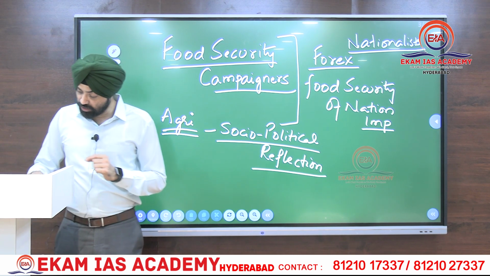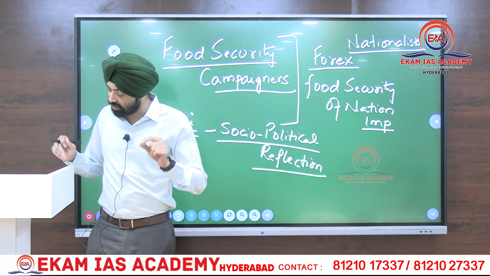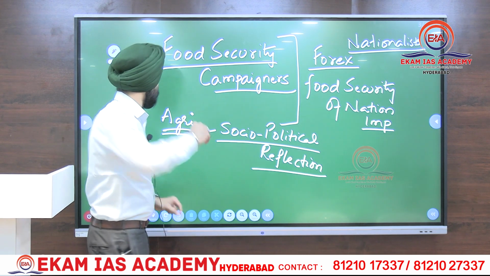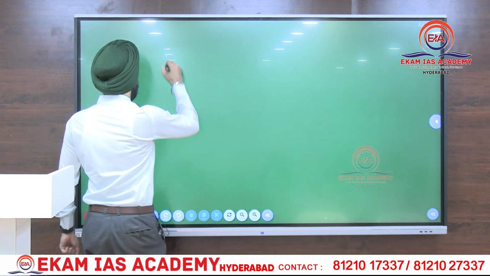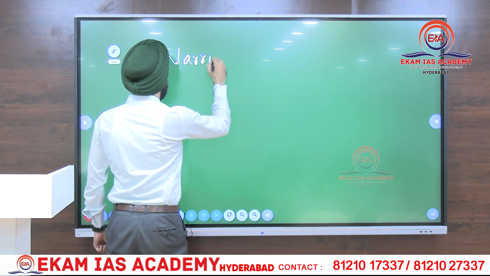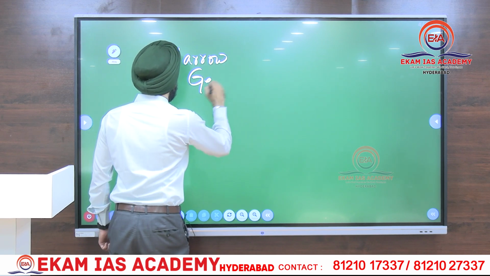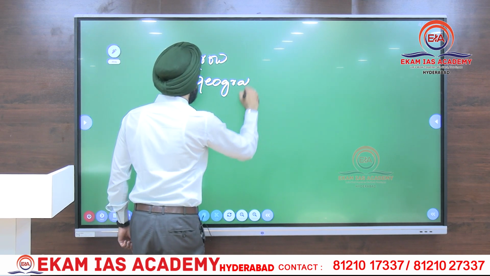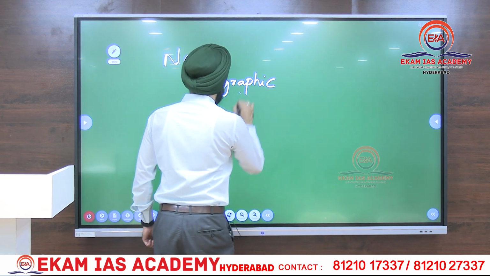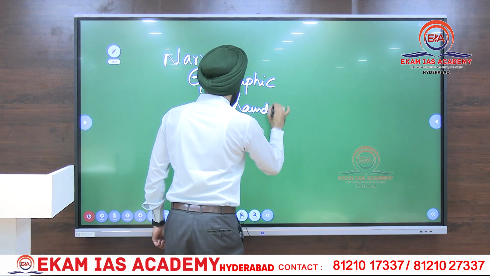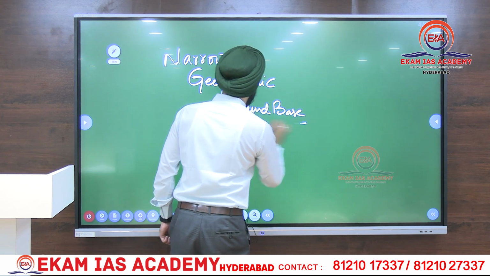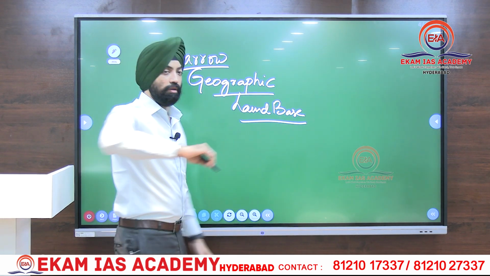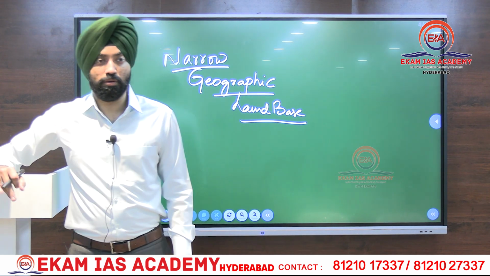Now, one of the points is saying wheat has a narrow geographic land base. What do you understand by this? Narrow geographic land base. What does it mean? Anybody?